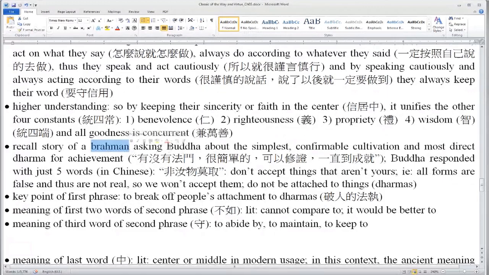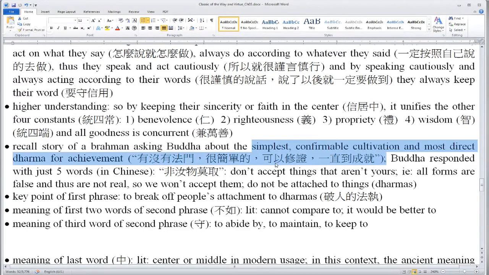So he was asking Buddha, because he heard Buddha gave a lot of different dharmas, teachings, some short, some long. But he asked Buddha, can you give me the simplest, most confirmable cultivation, that means effective cultivation, and the most direct dharma for achievement? 有没有法门？有没有法门？很简单的可以修正一次到成就。That's the achievement.